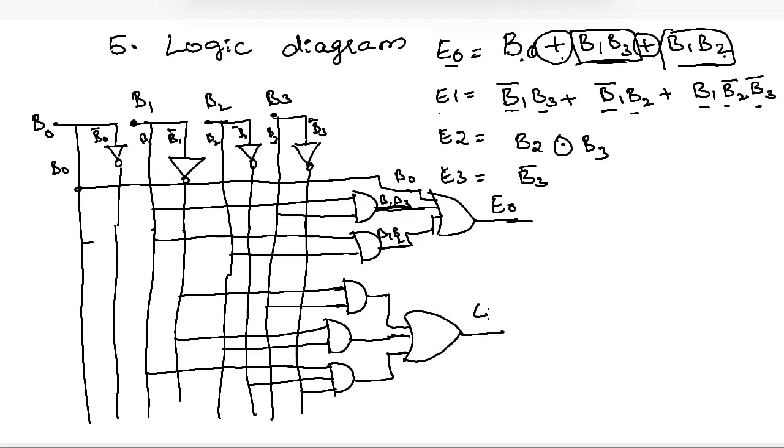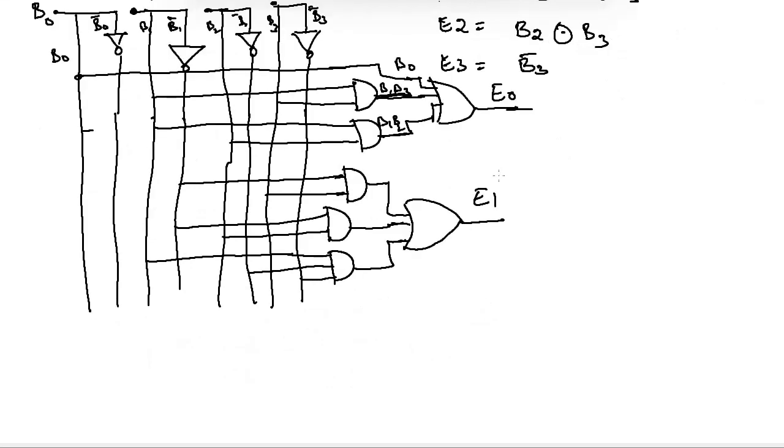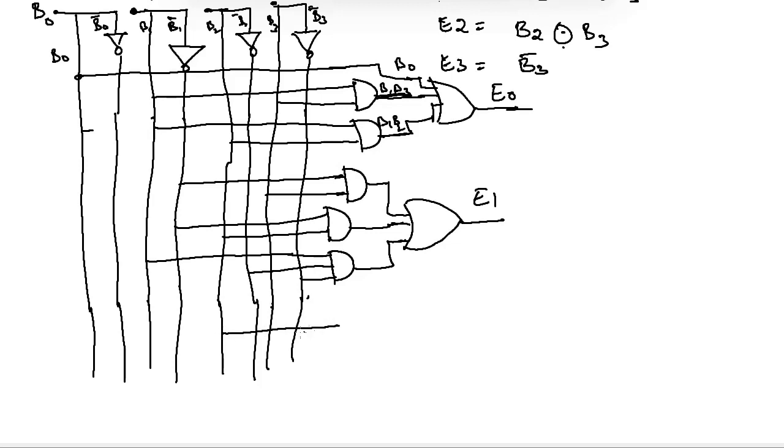Now the last one is E2. E2 means B2 XNOR of B3. So see here, this is the B2 line and XNOR of B3 line. So here I am applying XNOR gate.